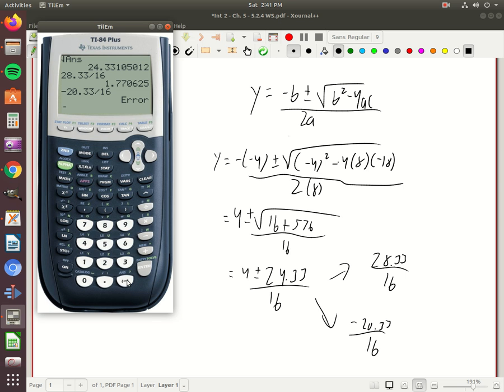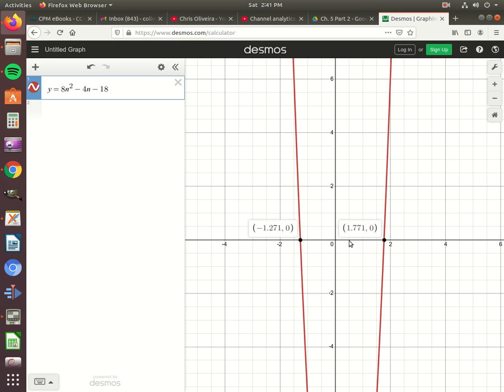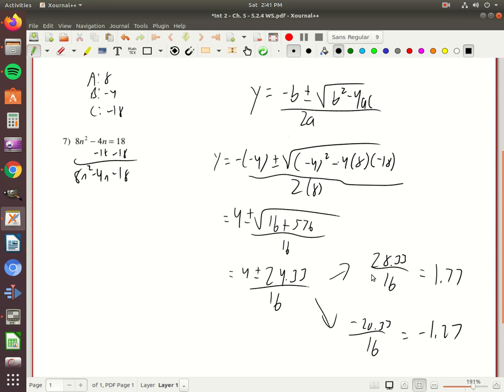I used a subtraction. You can see they look very similar, but they're just a little bit different. So stupid. Anyway, so 1.77 and negative 1.27. So let's go to Desmos and see if that is true. Went ahead and did get those answers. So at that point, obviously your homework is going to be to do that worksheet.